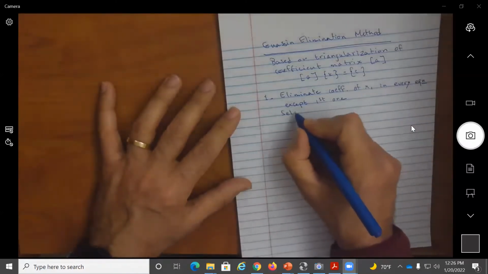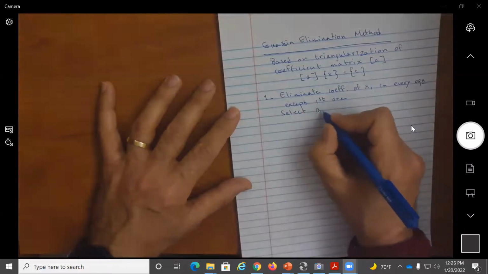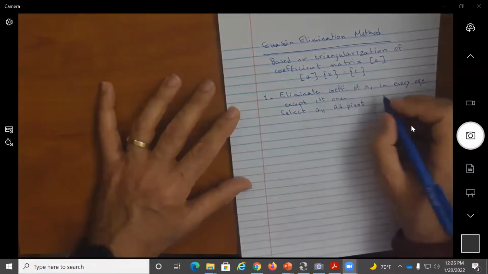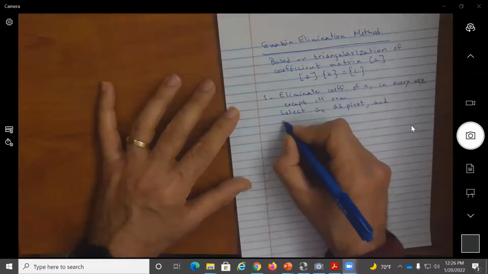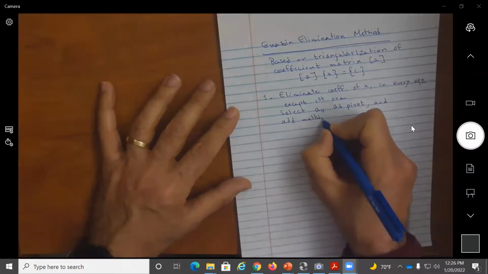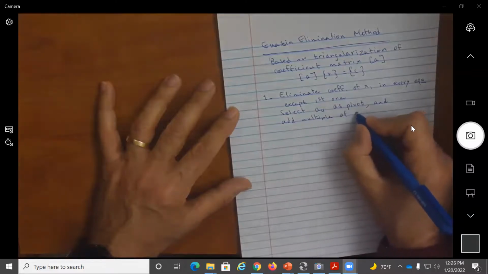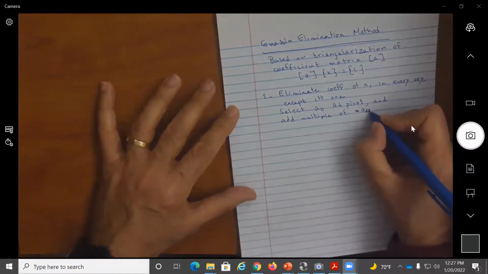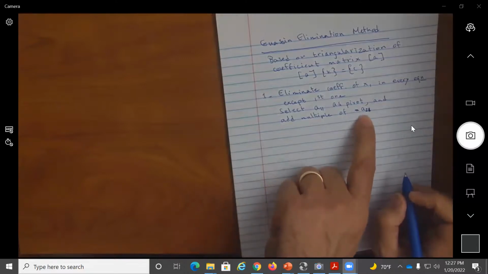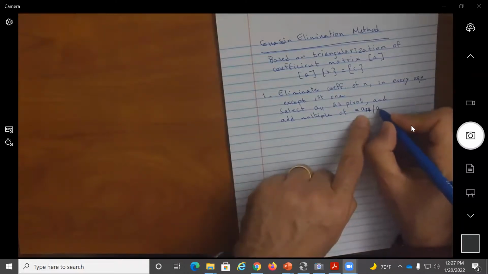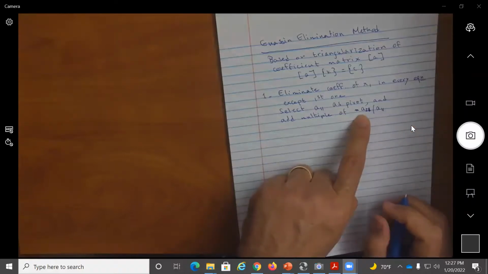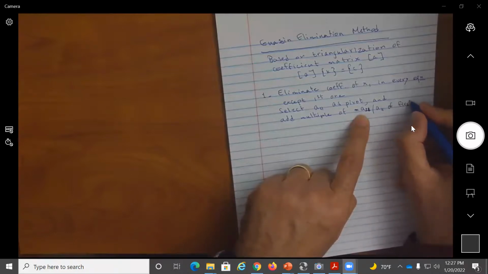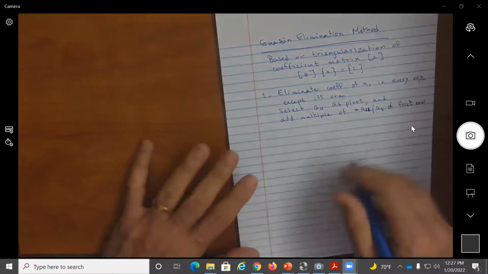So really, in the first step, we select A11 as a pivot and add the multiple of minus A21, so the coefficient of x1 in the second equation, divided by A11, of the first row to the second row.